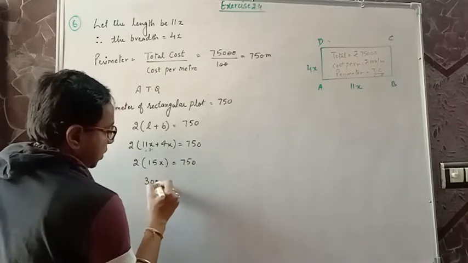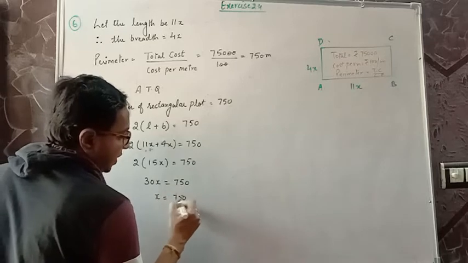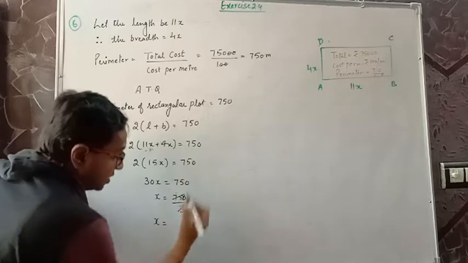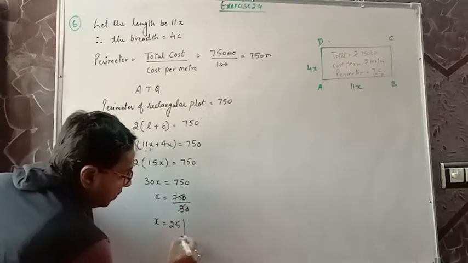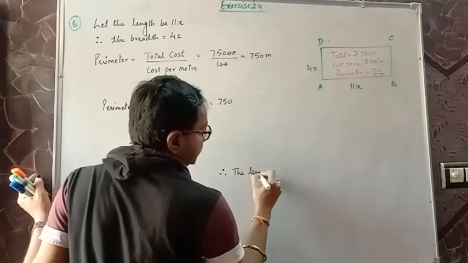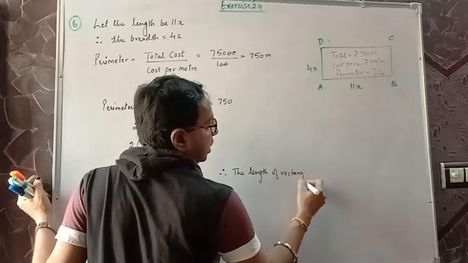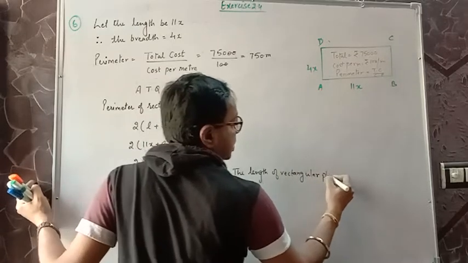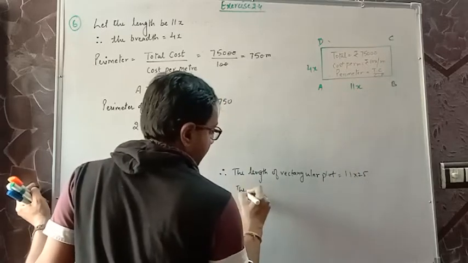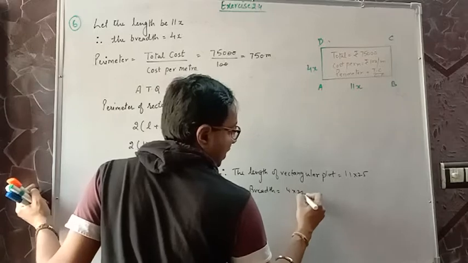So it will be 30x = 750. x = 750 upon 30, 0 cancels. You'll be getting 25. Therefore, can I say the length of the rectangular plot is equal to 11 into 25, and the breadth is equal to 4 into 25, that is 100.